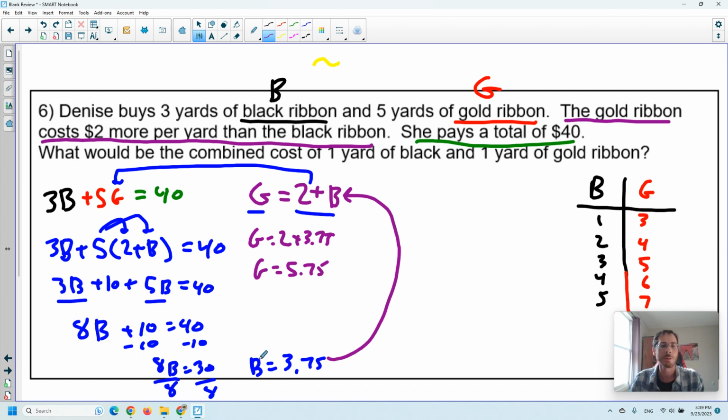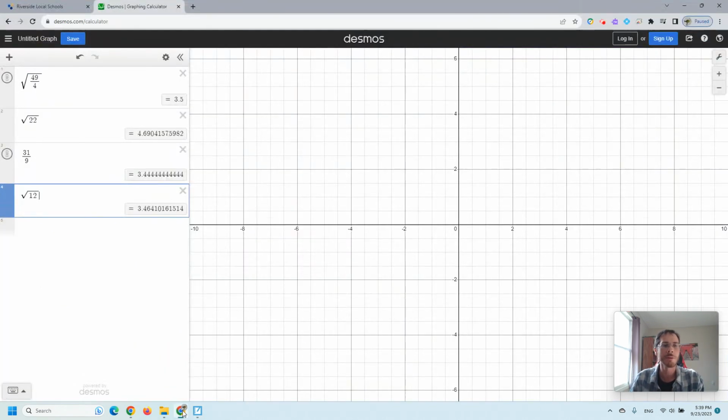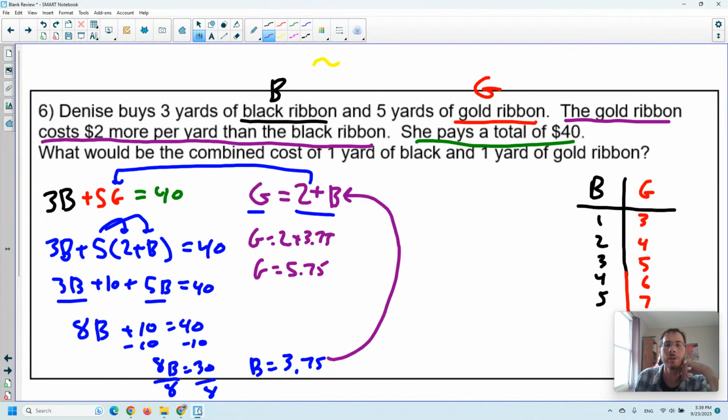So if we're getting 3 yards of black, 3 times 3.75. We're getting 5 yards of gold, so 5 times 5.75. We do get $40 at the end. So I double checked my answer. So I feel pretty good about my values for gold and black, but I still have one more thing to do.